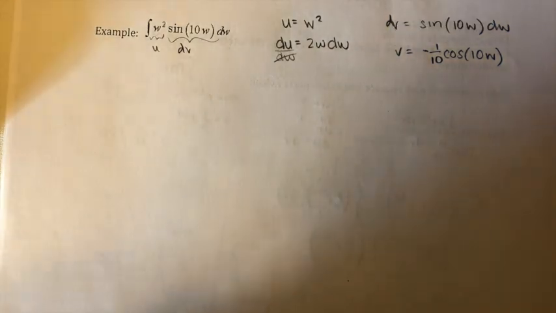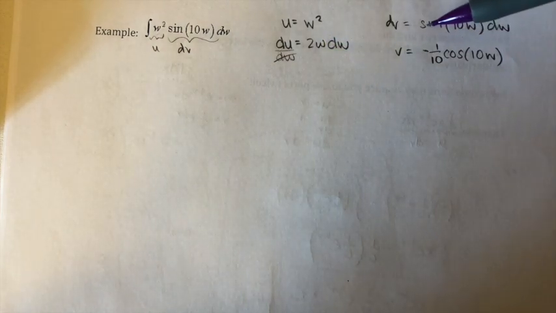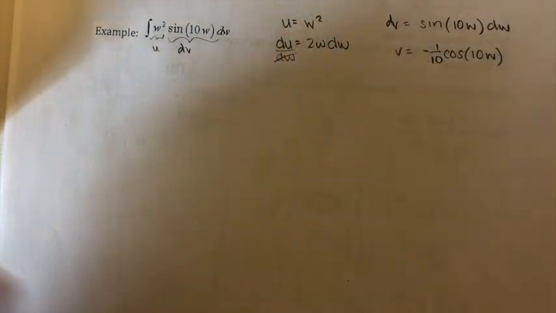Okay, so now we've got a du that's definitely easier, and a dv and a v that's not that much more complicated. So we're going to split this.